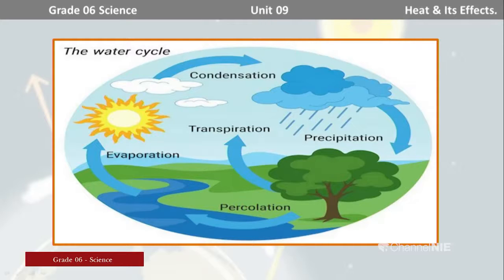And water vapor is condensed. So, that is known as condensation, and through the condensation the clouds are formed. From the clouds we get rain, that is denoted by precipitation. So, that is a simple diagram of water cycle. Here I wanted you to explain that the heat energy of the sun is very important to maintain the water cycle.